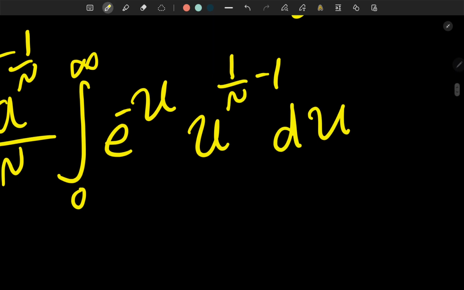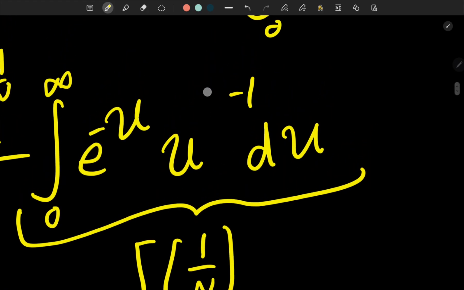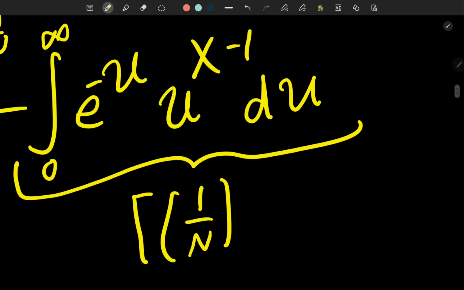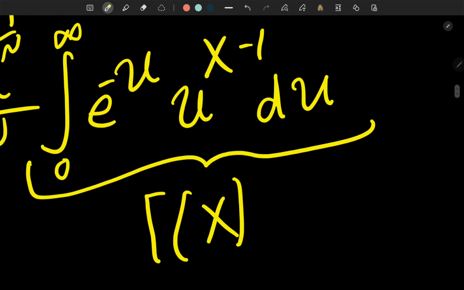Okay. Now, this is the gamma function I was talking about. This would be gamma of 1 over n. The gamma function is defined to be equal to this integral right here.